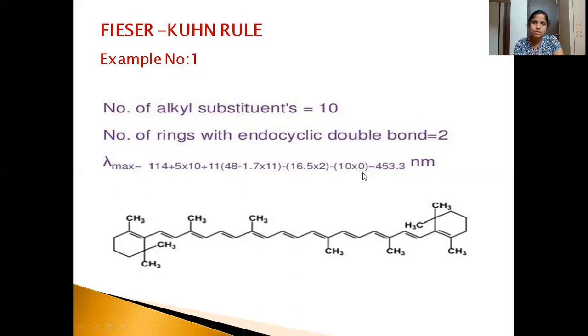There is no exocyclic double bond, so it is 0. If you calculate this, you will get lambda max as 453.3 nanometers. This is how, by substituting the values of M, n, R endo and R exo, we can calculate the lambda max value of a polyene using this formula.